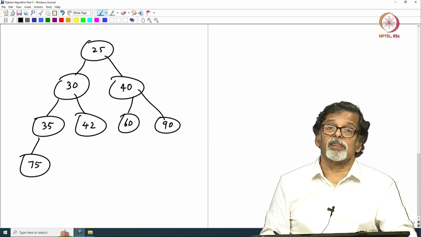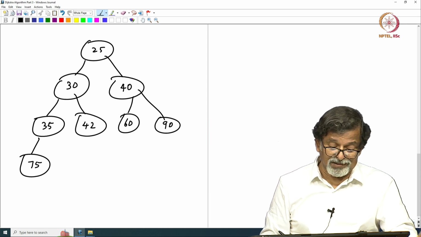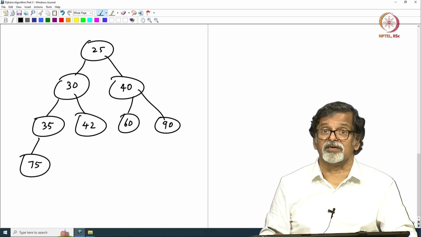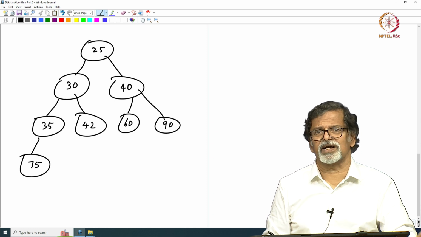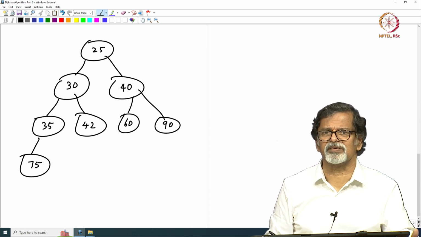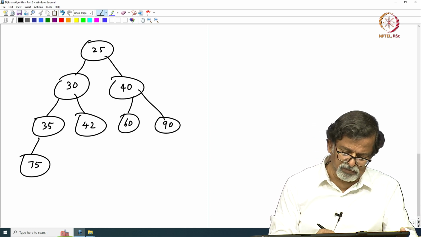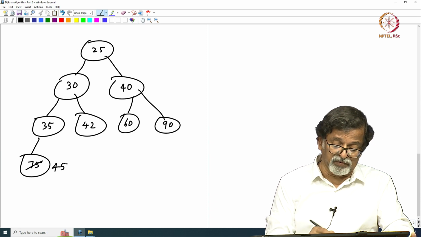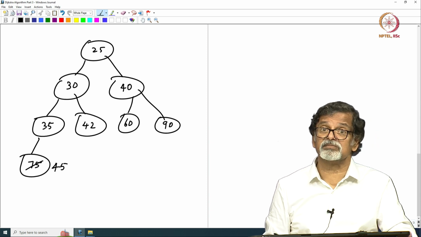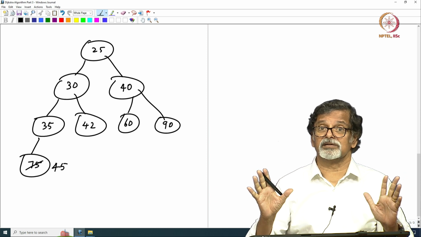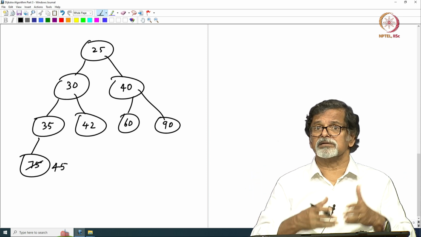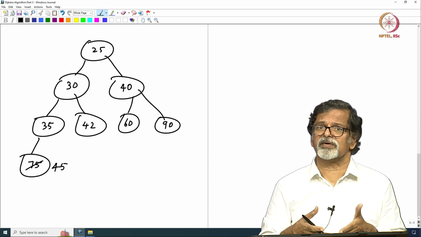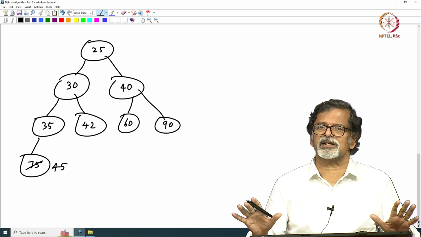If I reduce 75 to 45, let us say I am reducing 75 to 45, absolutely no problem, I can put 45 here. 45 is still larger than 35, no violation, it is a larger number. 35 is smaller, 45 is larger, 45 can stay there.